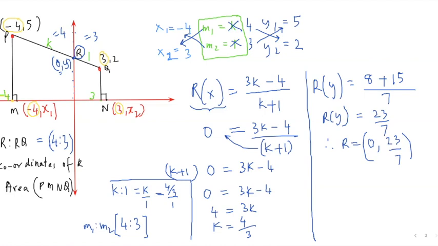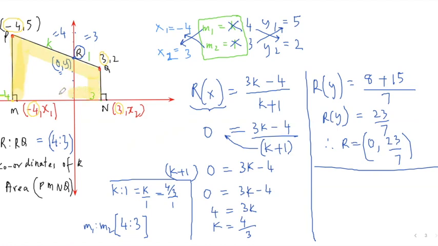Is that fine? Part 2, or subsection 2. Yes, sir. So area PMNQ. How do you find the area of this? This is a trapezium, right? You can use the formula for the area of a trapezium.